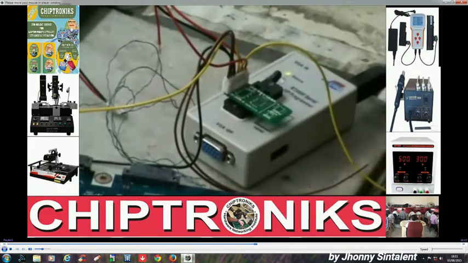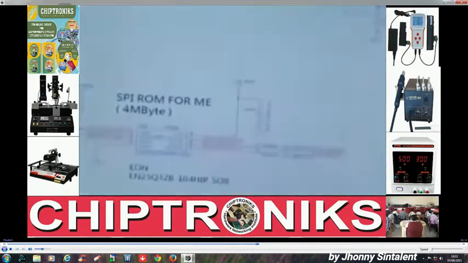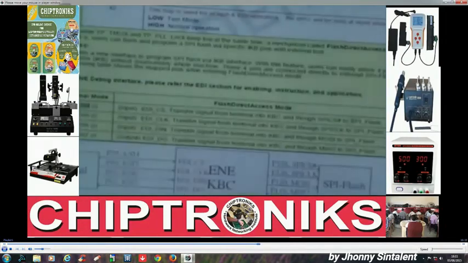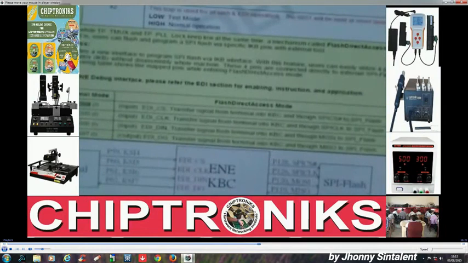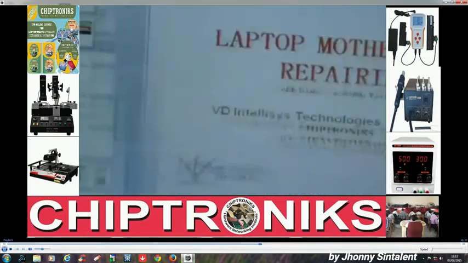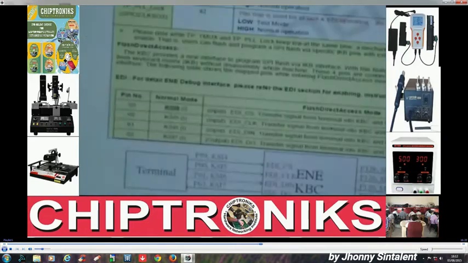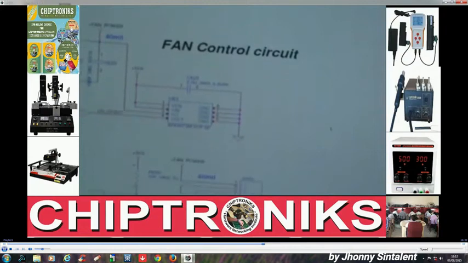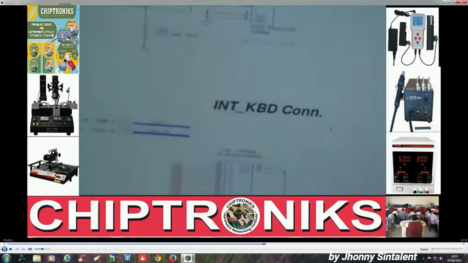Now what we have to do is, pin number 1 in any SPI chip is chip select. And here in the data sheet we have chip select, which is pin number 59. Let us go back to the data sheet of Dell 3521 and our schematic, I think page number 40.